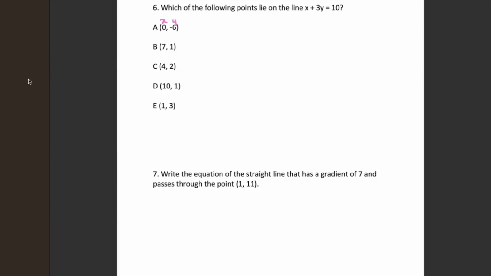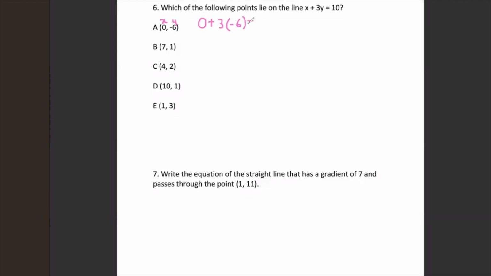For the first point A, x is 0 and y is minus 6. So let's substitute the values of x and y in this equation. X plus 3y should become 0 plus 3 times minus 6.